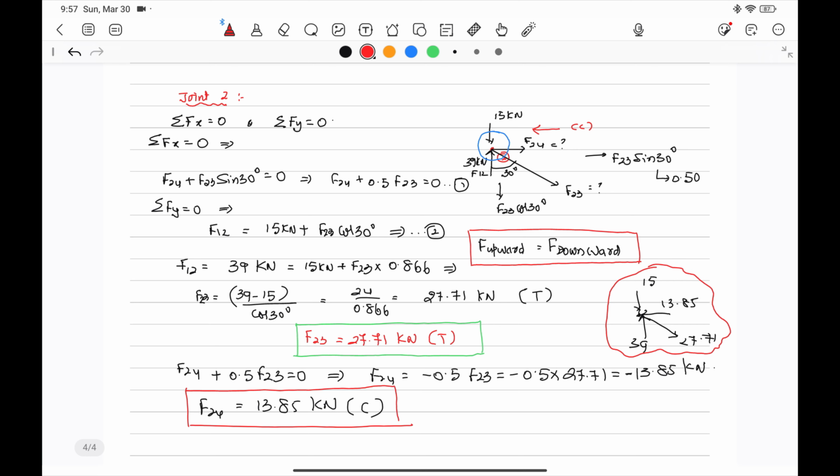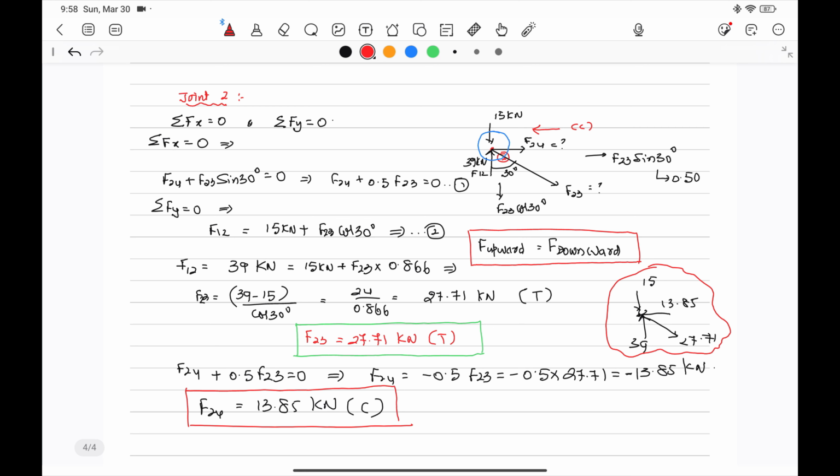In the examination, they may give a truss. They may not ask you to analyze the full truss. They may give the free body diagram for the joint number 2. Like that they may ask the question. And they may give different alternatives.